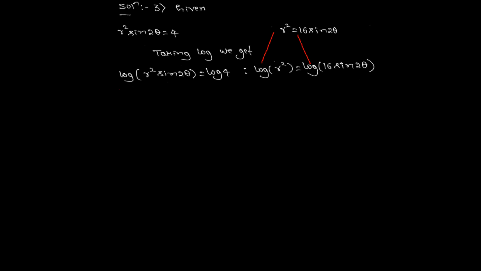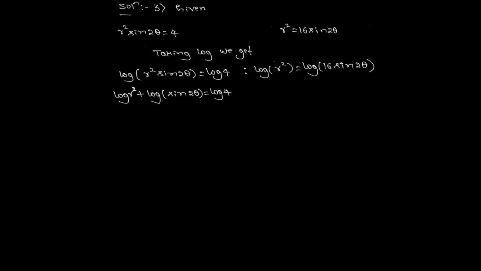Now, using the logarithmic identities, the expression is of the form log of AB, so it gives log r squared plus log sin 2 theta, with the RHS as it is.